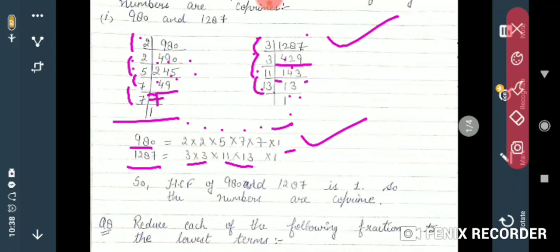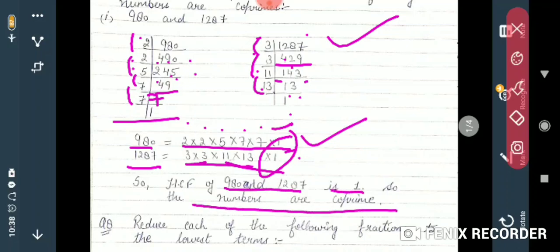Just see, is any common factor there? 2 is not there, 5 is not there, 7 is not there. So there is no common factor. Only 1 is common. So the HCF of 980 and 1287 is 1. So the numbers are co-prime, because there is no common factor. Understood?